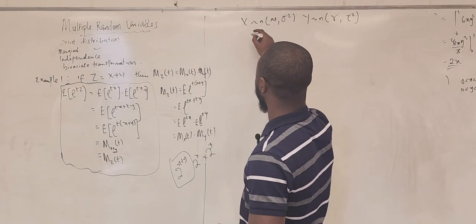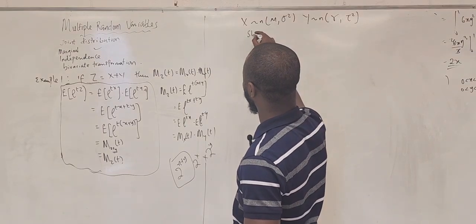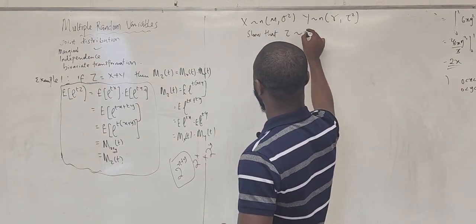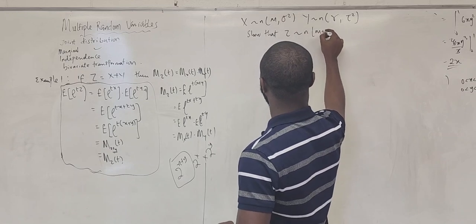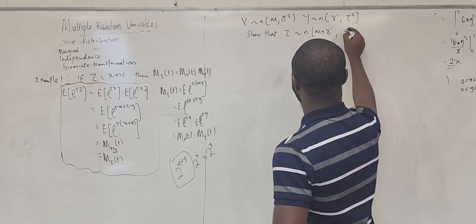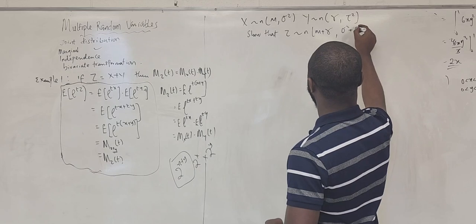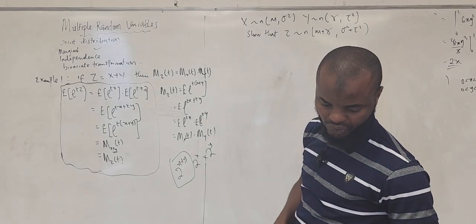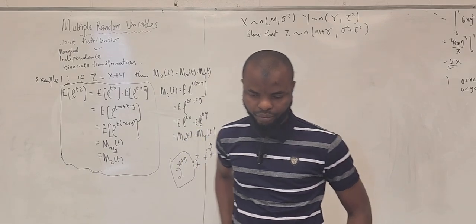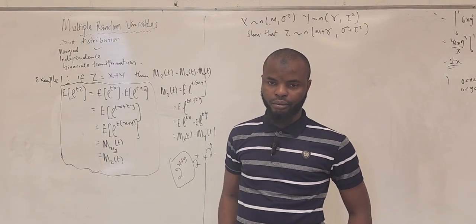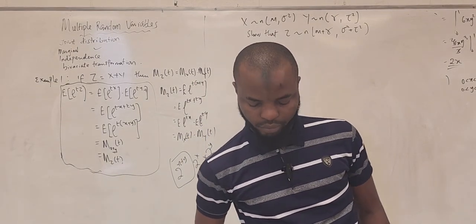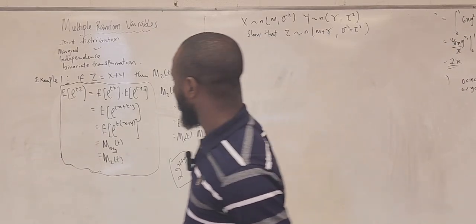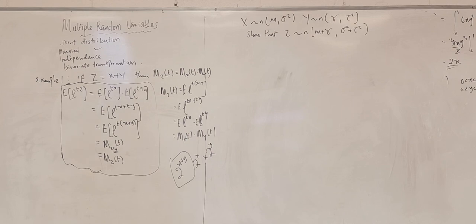Find the distribution of Z. Show that Z is normally distributed as mu plus this. Can you do this? Just using the same rule we used there. I want you to try it.